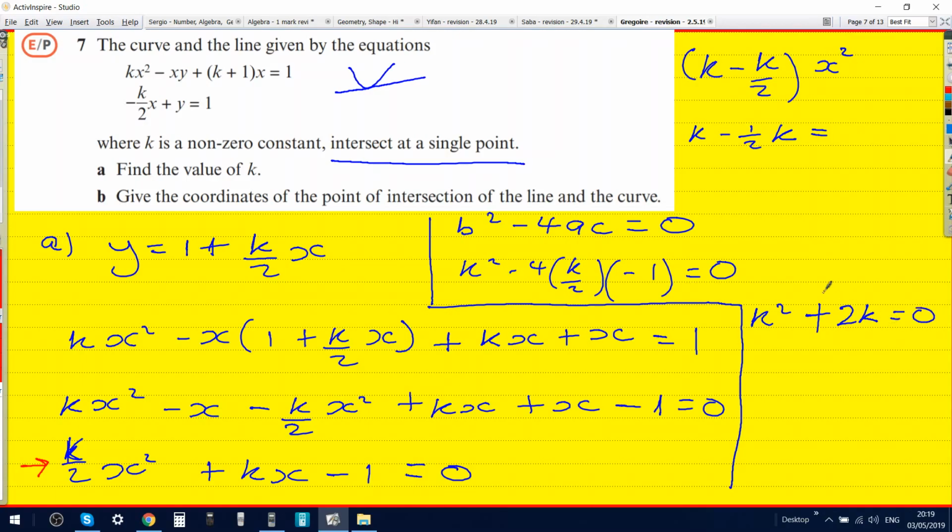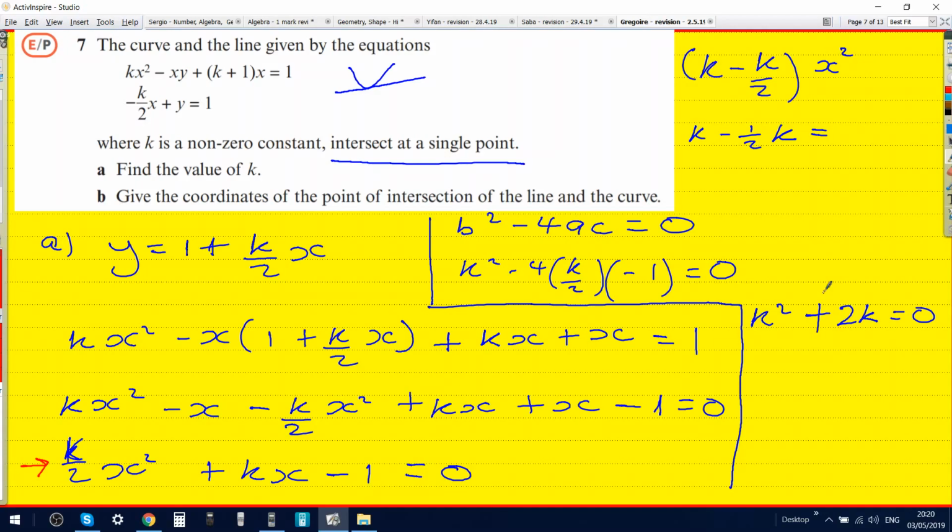Is it still not minus 2k? Minus 4 times k over 2 times minus 1. If you looked at it as 4 times k over 2 times minus 1, then it would be minus 2k, and so you end up with the same thing.